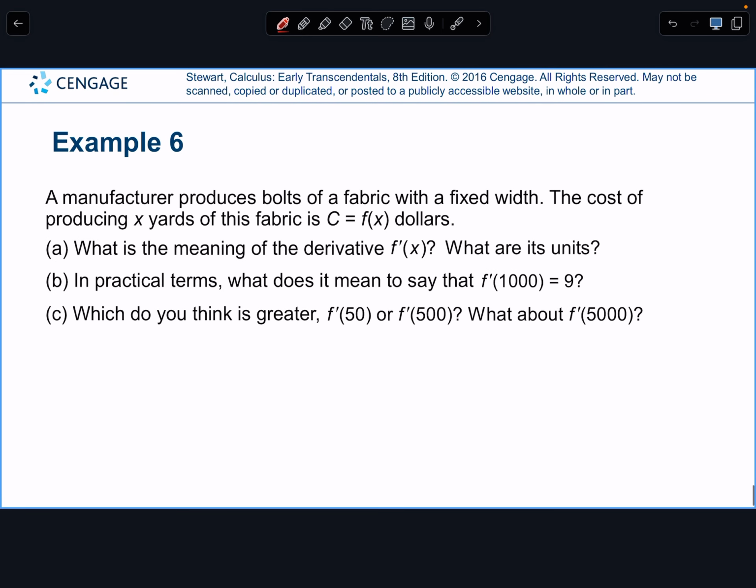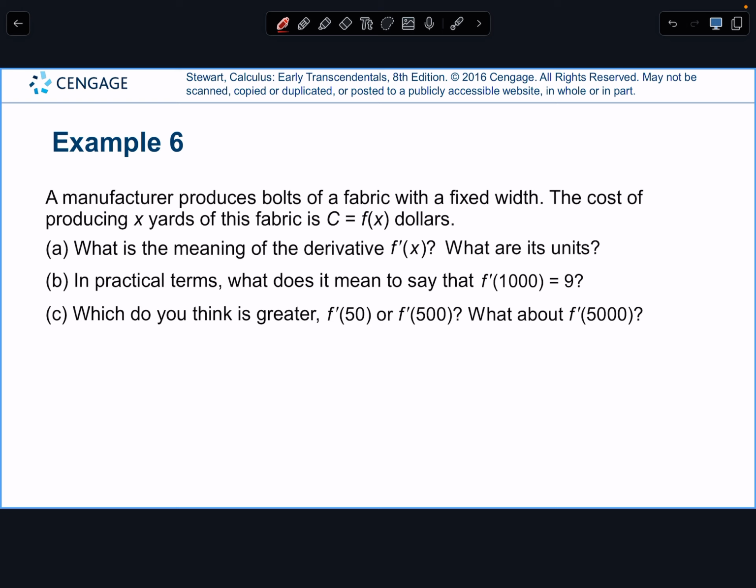And this is just a little application. It says the cost of producing x yards of fabric is C. That's the function value. What's the meaning of the derivative? I'll just tell you, the derivative is how fast the cost is changing, basically, or the cost per unit at that time.